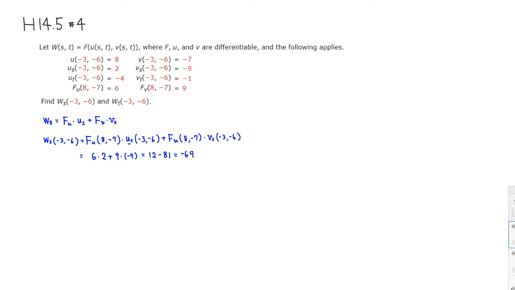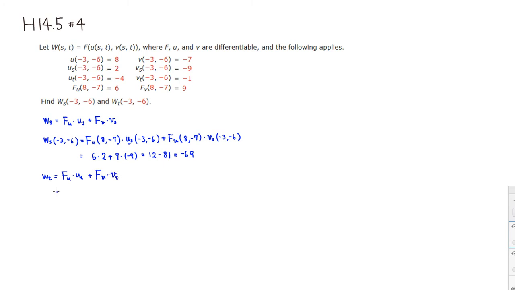It's very, very similar. So w sub t is going to be f sub u times u sub t plus f sub v times v sub t.